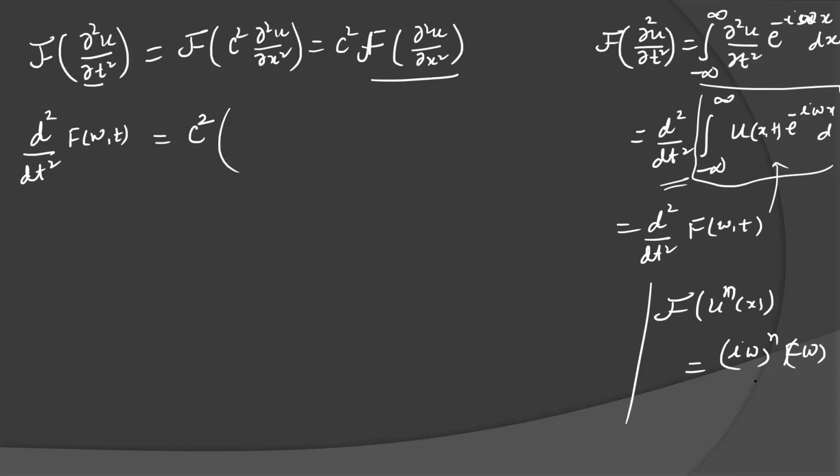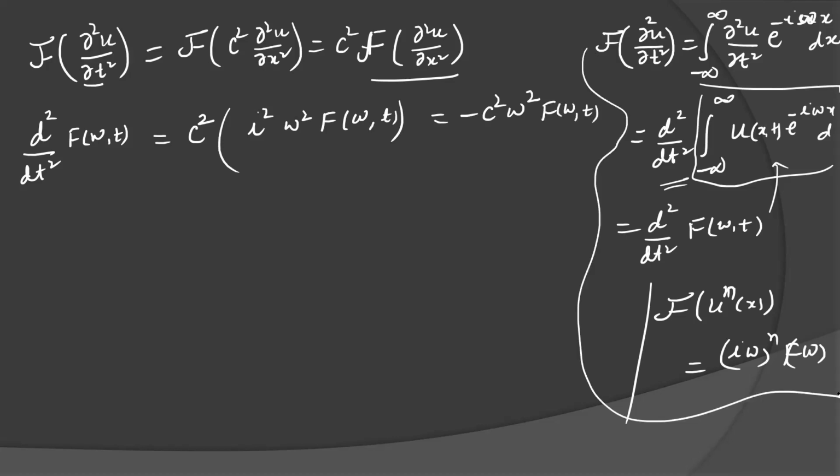So here if you put n equal to 2, it will be i square omega square F(omega,t), so it will be minus c square omega square F(omega,t).